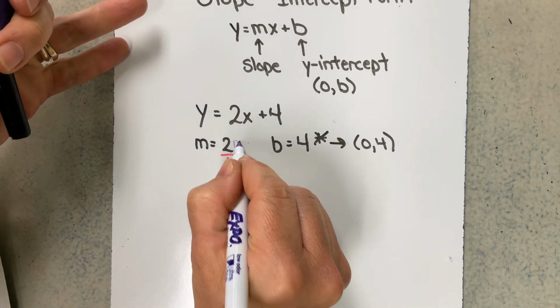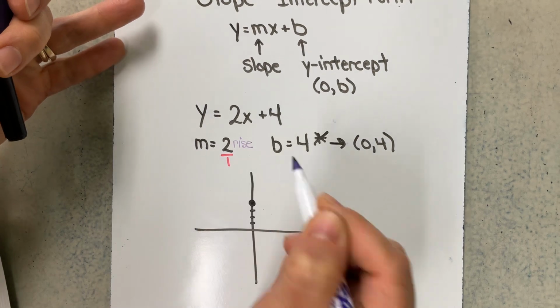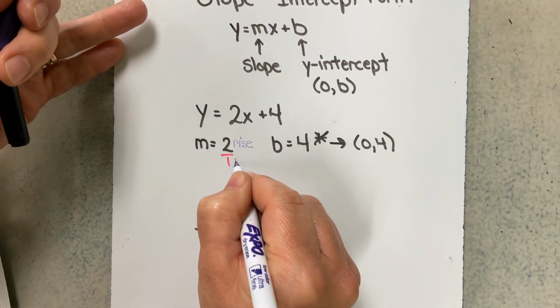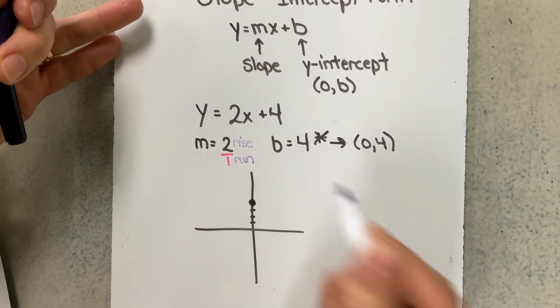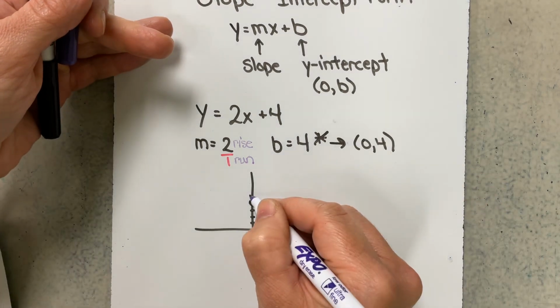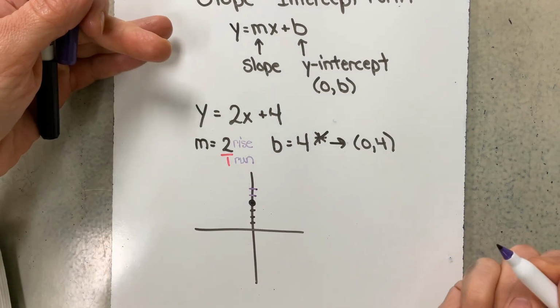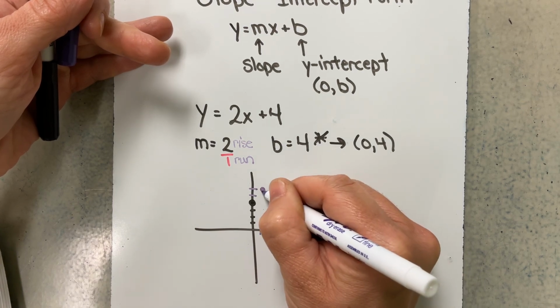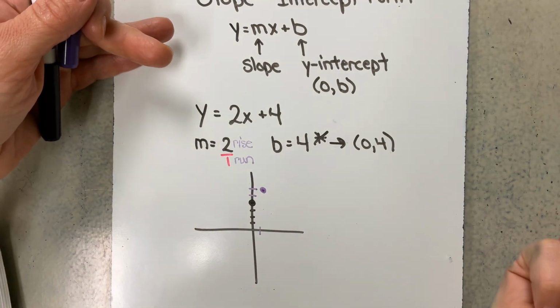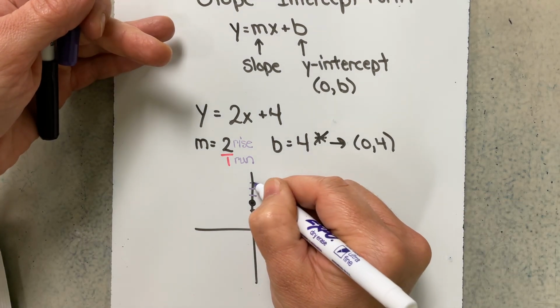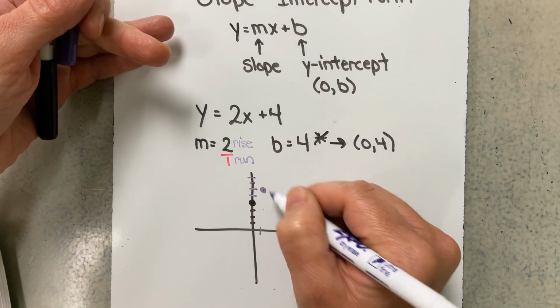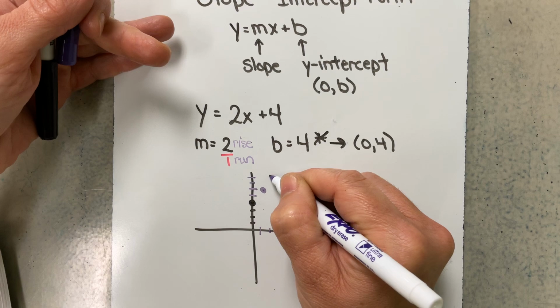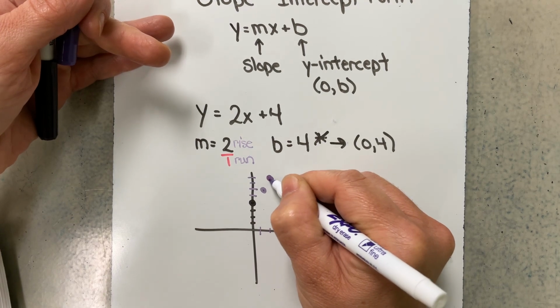So we're going to rise 2, and we're going to run 1. Okay, so what that means is I'm going to rise 2, and I'm going to run 1, and that gives me my next point. I'm going to rise 2, and I'm going to run 1. Gives me my next point.